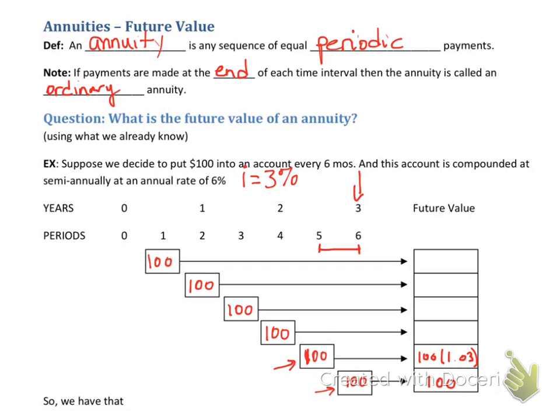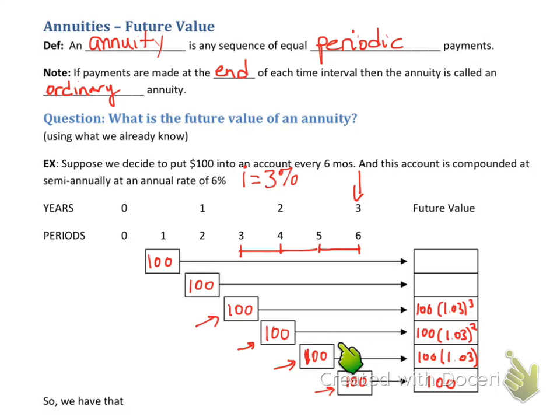The $100 that's third from the bottom is going to actually have 2 of those intervals over which it can accrue. So you end up with 100 times 1.03 squared. The one above that is going to be 100 times 1.03 to the third, because it has 3 intervals over which it can accrue interest. Notice these formulas that I have here down the side are just the compound interest formula for an initial investment of $100 over 3 periods.